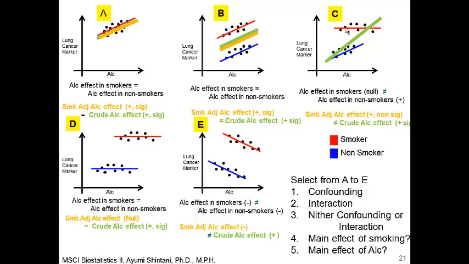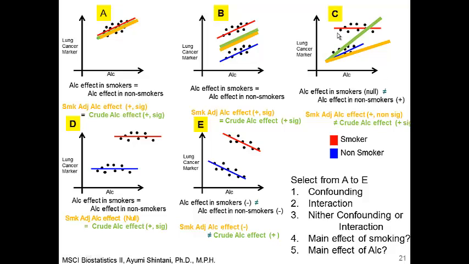And then let's pool the red and blue lines and see what would happen if you adjust for smoking, and that would be this. Since the slope of green and the slope of orange seem different, I judge smoking is confounding the association between alcohol and lung cancer. So the answer is 1 and 2.